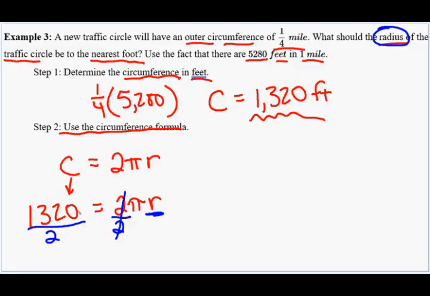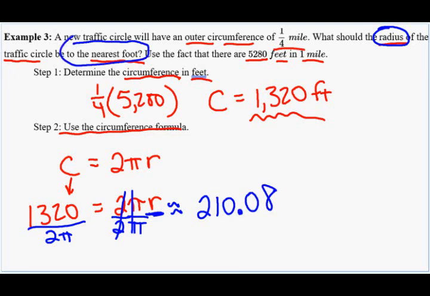So you'll punch in your calculator 1,320, divide that by 2, hit equals, and then divide that by pi. And if all goes well, the radius is about 210.08. And they did ask us to round this to the nearest foot. So that's just going to be about 210 feet for the radius.